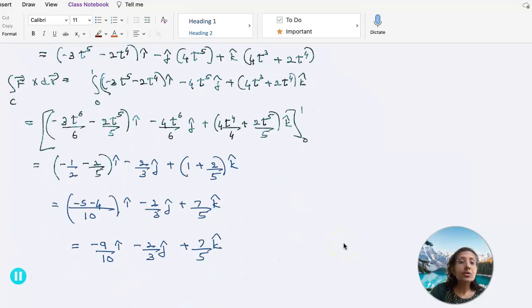So integrating you get (minus 3t⁶/6 minus 2t⁵/5) i minus 4t⁶/6 j plus (4t⁴/4 plus 2t⁵/5) k within the limit 0 to 1. And when I substitute within the limit 0 to 1, you get minus 9/10 i minus 2/3 j plus 7/5 k.